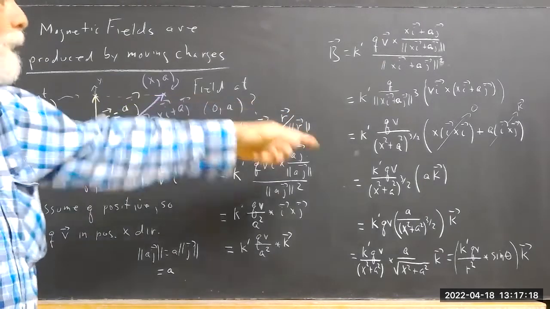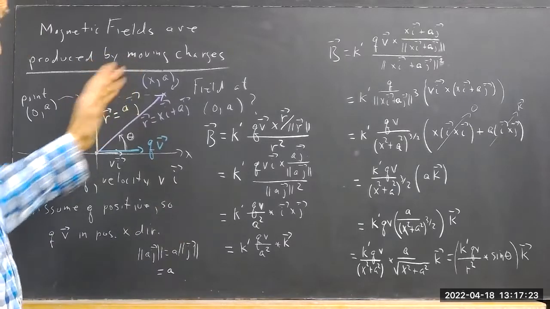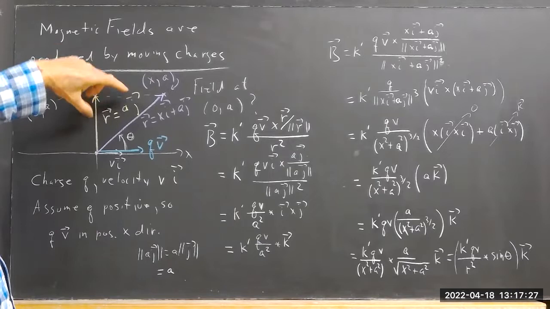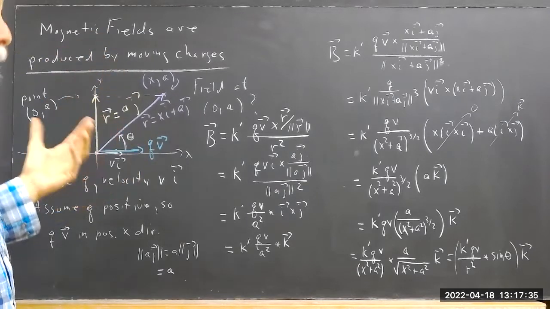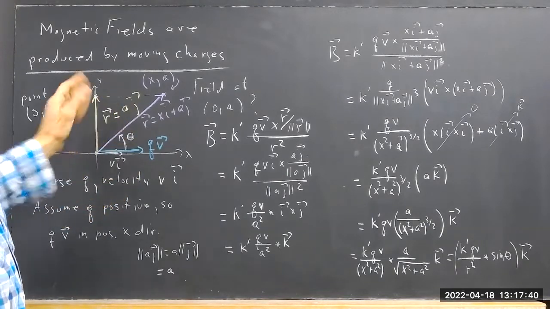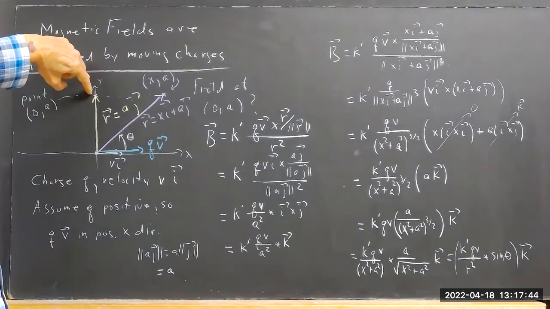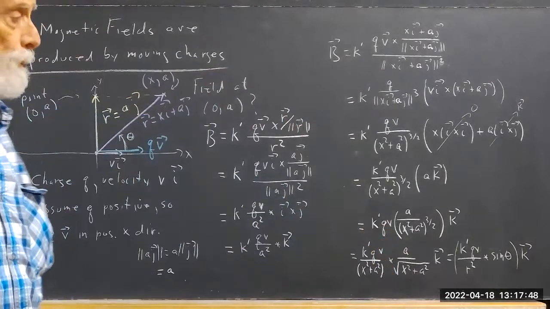So this field falls off very rapidly, but it stays significant for a good little ways. Between here and say here, the magnitude of R doesn't change a whole lot. It's still pretty close to A, and the sine of theta stays pretty close to 1. So for a good little distance here, the field stays almost as big as it is here, but then starts dropping off very rapidly.